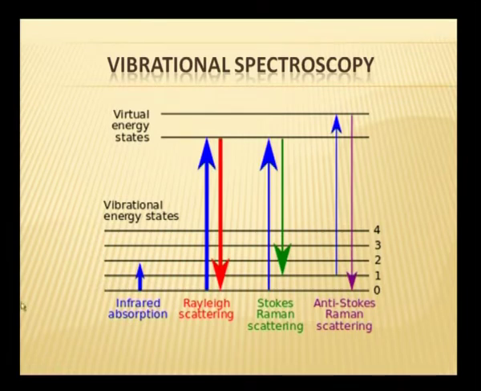When the atom is coming from this energy state to this energy state, the difference in energy will come out as a photon, giving rise to either a Raman scattering, you get a Raman line, or anti-Stokes scattering, whatever be the thing. With this problem being solved, you can get the vibrational energy levels and hence the vibrational spectroscopy.